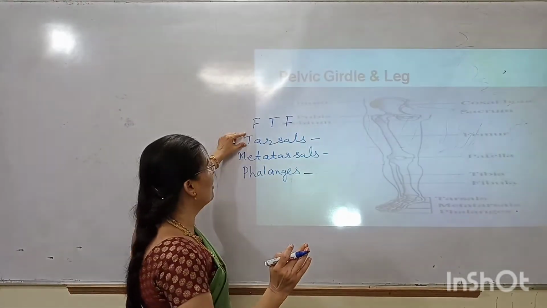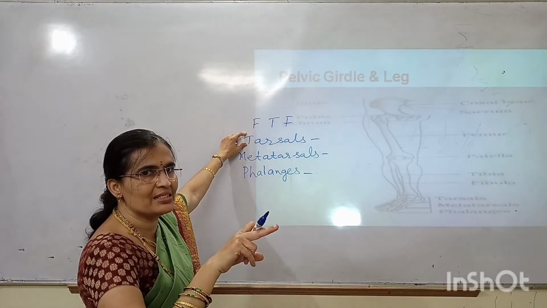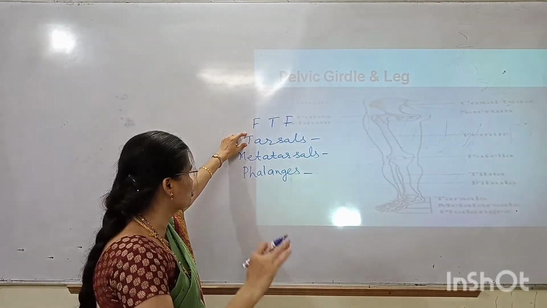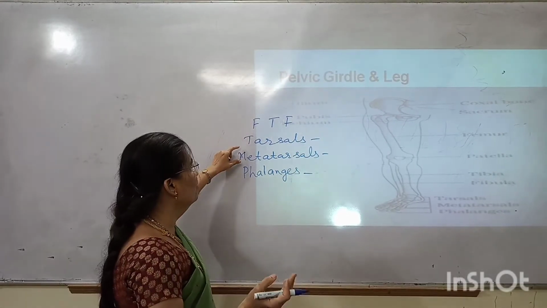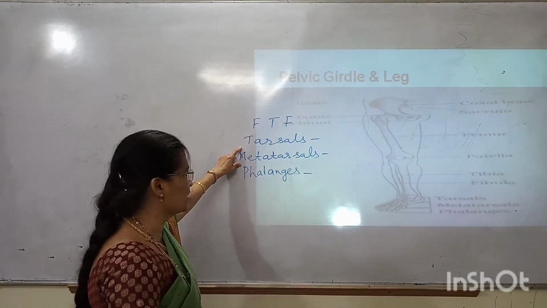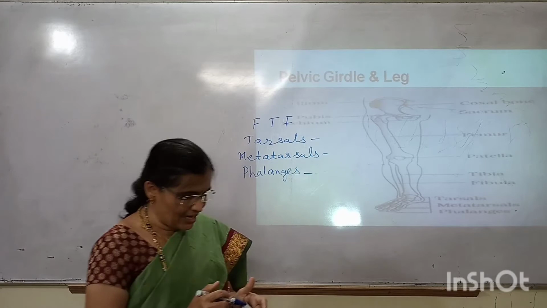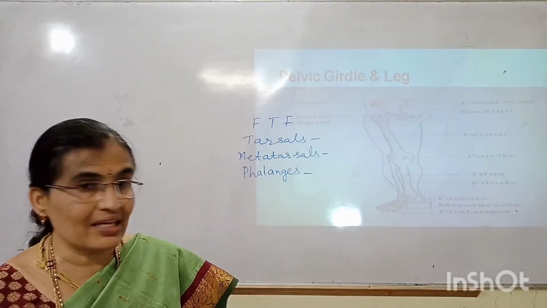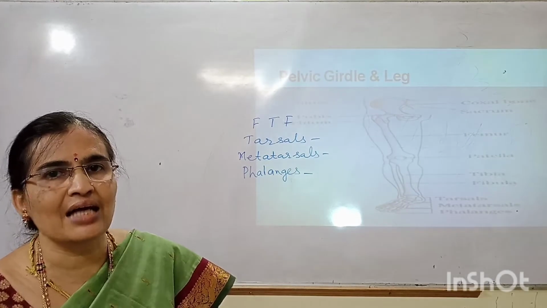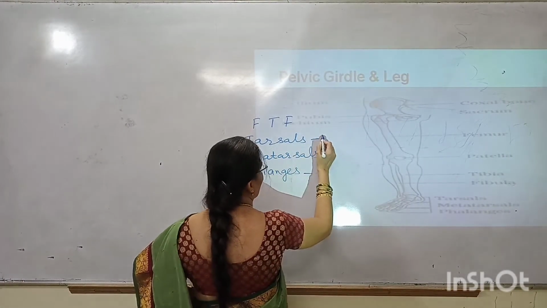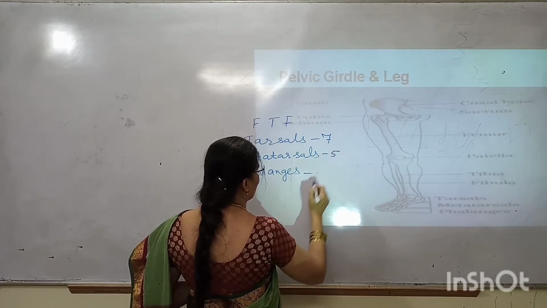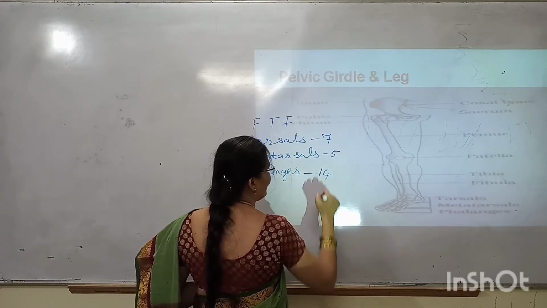Here, instead of carpals we are using tarsals, toe tarsals. Then metatarsals and phalanges. Tarsals are 7 in number, metatarsals are 5 in number, and phalanges are 14 in number.